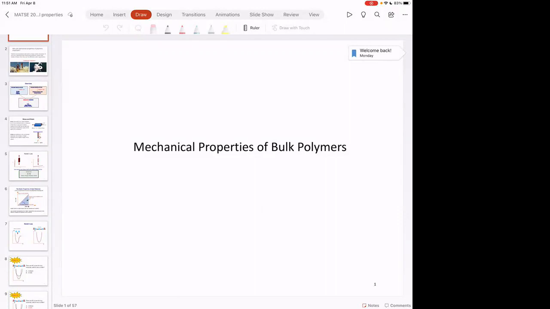Or does that rubbery material have a high or low Tg? Your rubbery materials have low Tgs, right? So at room temperature, you're above the Tg of that rubbery material, and it's acting kind of like a liquid. It turns out that rubber bands are cross-linked, so it can't flow, but even the properties of rubbery polymers or polymer melts or polymer liquids are important because they're really important for elastomers and other things.